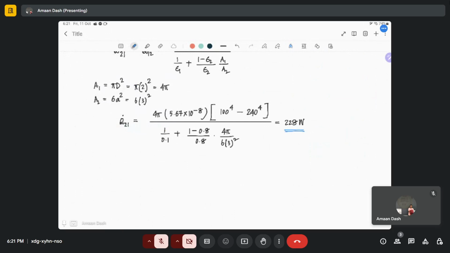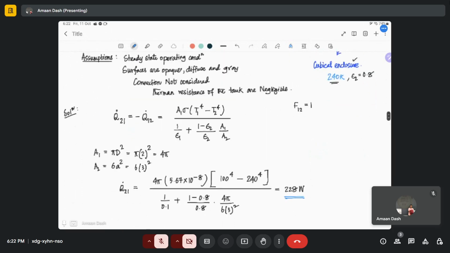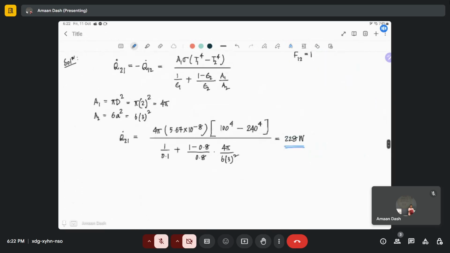And similarly, A2 is equal to 6 times A square, where A is 3 meters. So we have 6 times 3 square. And all the emissivity values are given, and temperature values are also given in Kelvin. So we can substitute all the values.